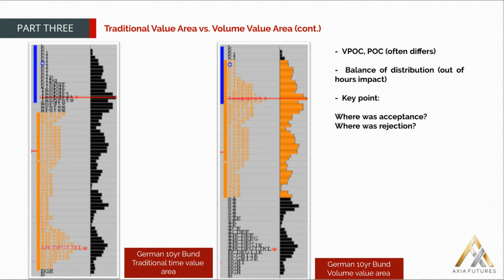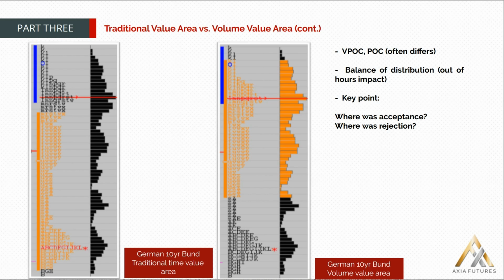So after 4 p.m., when the cash markets had shut, the market sold off and spent the rest of the evening distributing for 5 hours in the lower end of the profile. Now, the question you have to ask yourself is, just because the market spent a long amount of time in the lower end of the distribution after hours, does that signify buyers and sellers willing to accept that price? That's the question you have to answer.